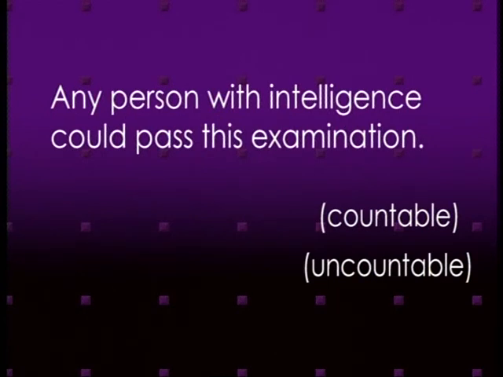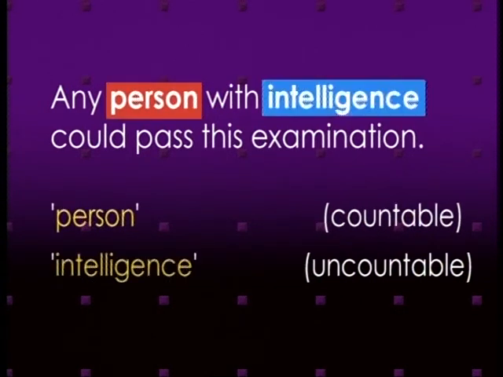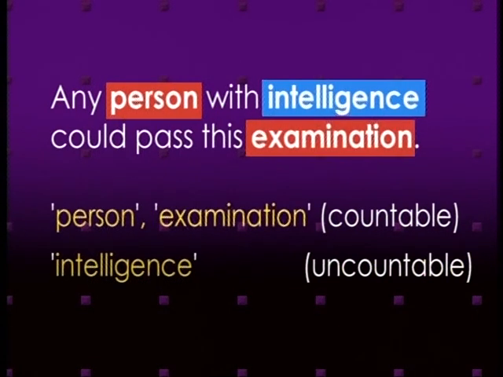Any person with intelligence could pass this examination. Person refers to an individual, so the noun is countable. Intelligence does not refer to something that can be counted, so it is an uncountable noun. Examination refers to a specific event, so it is countable.